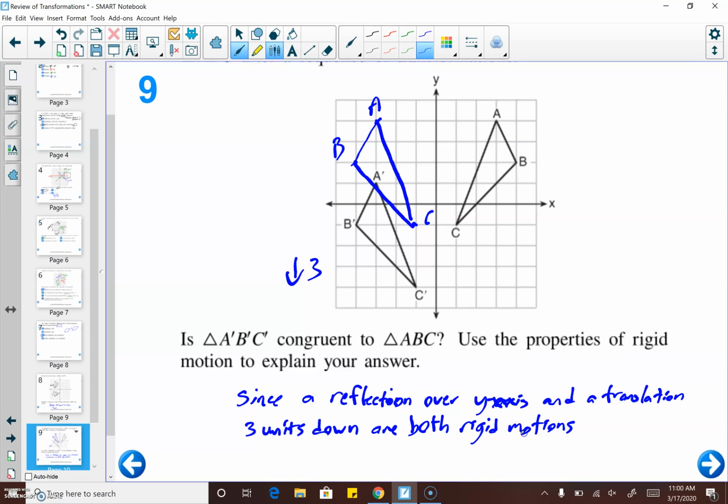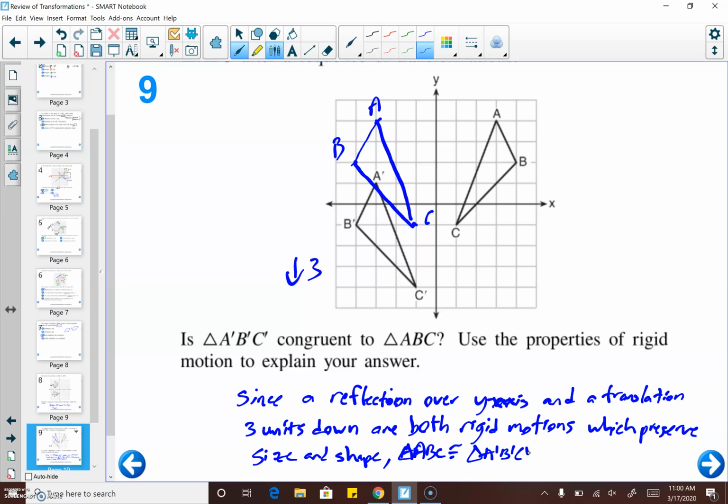Now remember, if you're going to say rigid motions, you have to say which preserve size and shape. Triangle ABC is congruent to triangle A prime, B prime, C prime.